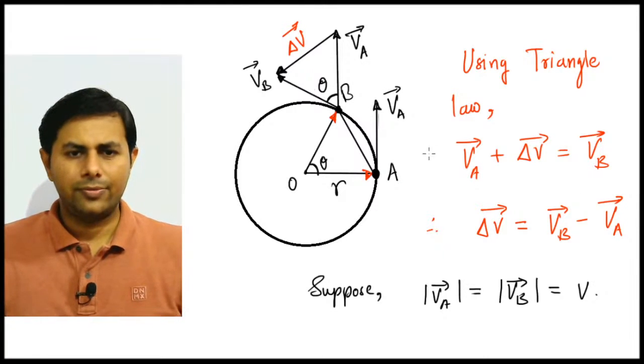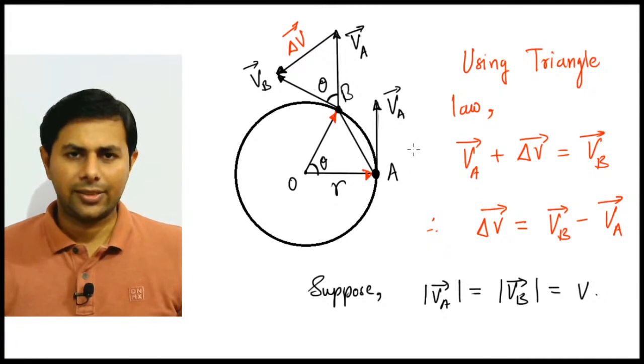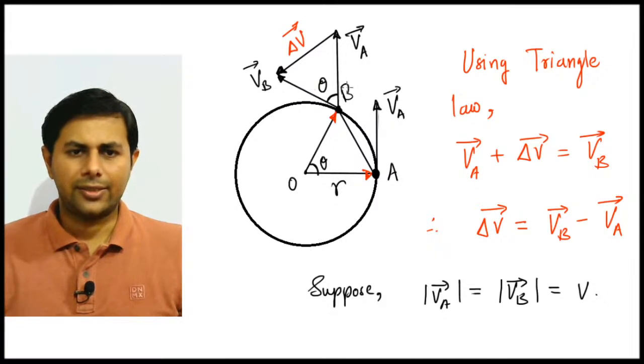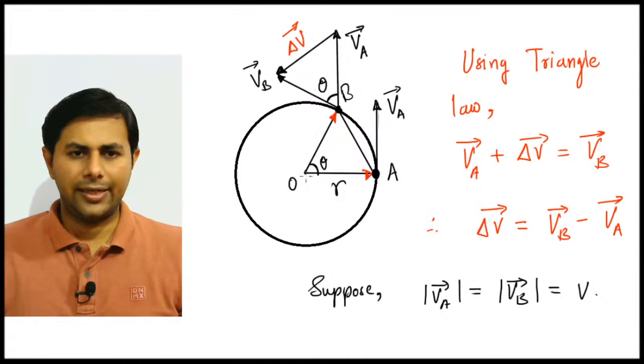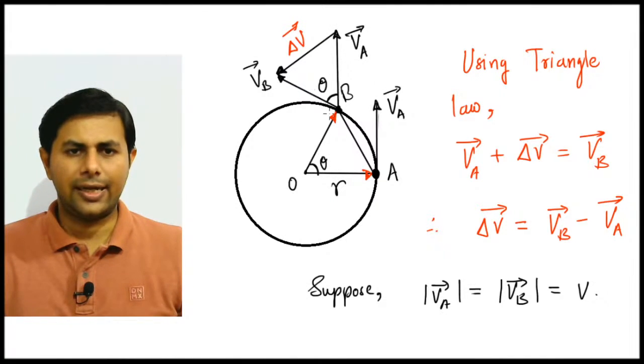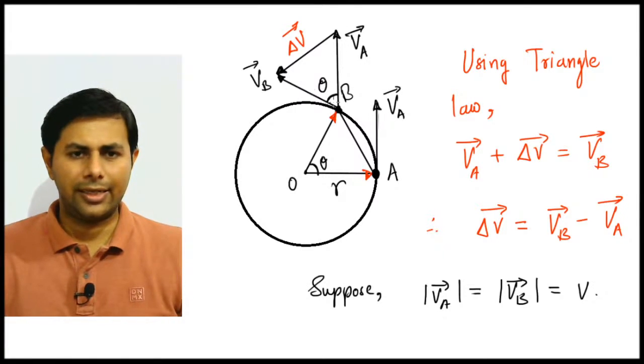So therefore, by SAS test, these two triangles are similar. Okay, since in this triangle length of this side and this side is same, it's the radius of circle, and this angle is theta, and in this triangle, the velocity triangle, the length of this side is magnitude of VA bar, length of this side is magnitude of VB bar.